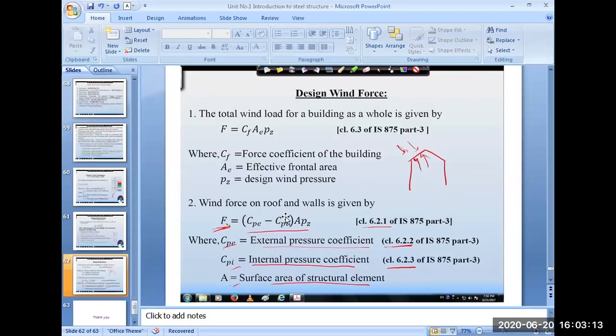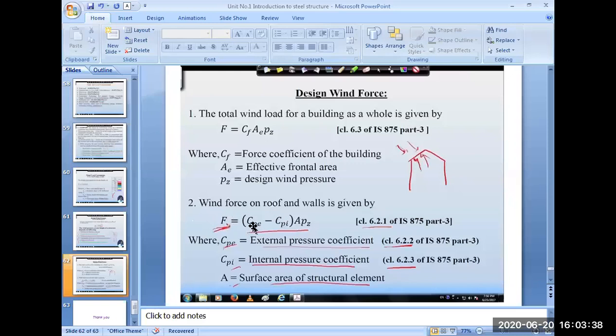So external coefficients minus internal coefficients, and with these coefficients we multiply the area into stress, then we will get the force. So coefficients have no unit, area is in mm square, and this pressure is in Newton per mm square. So mm square gets cancelled, so we get force in Newton.